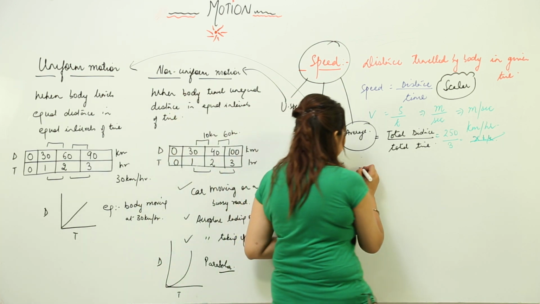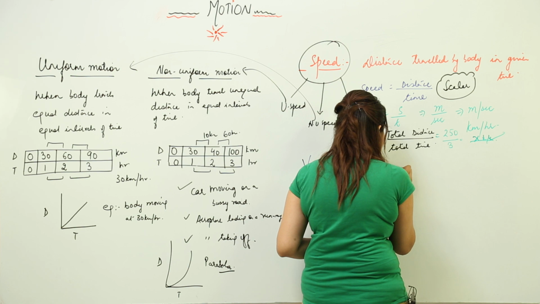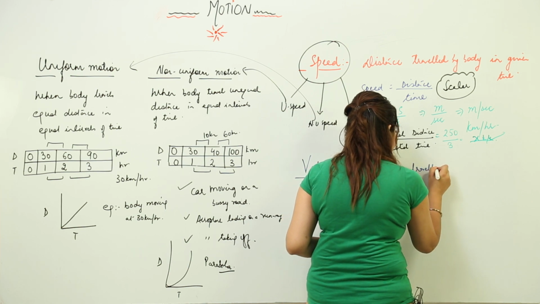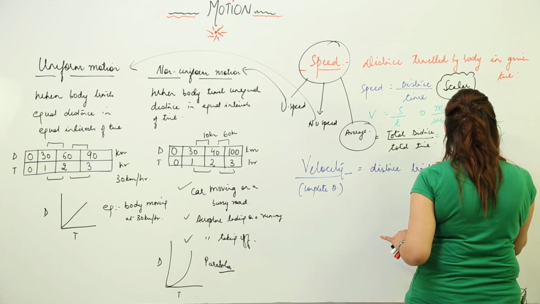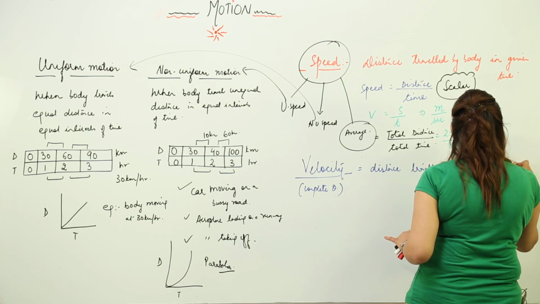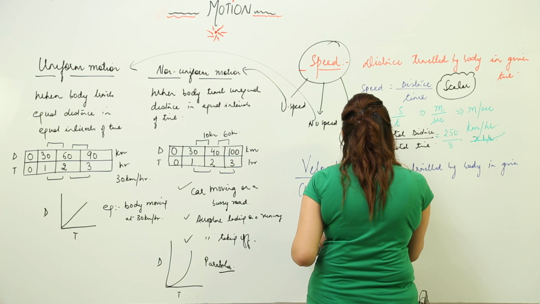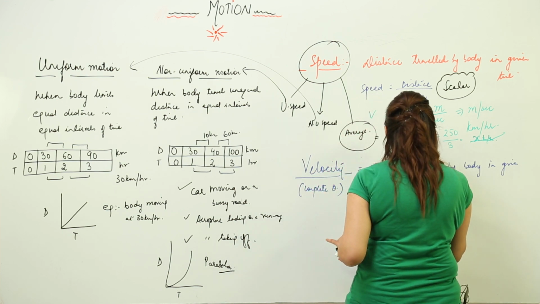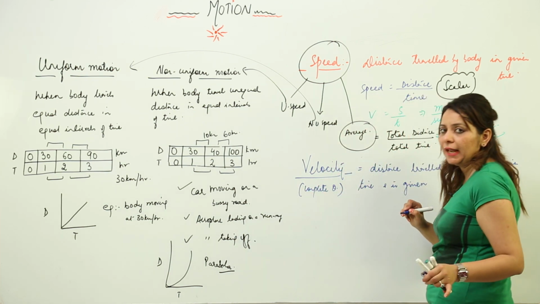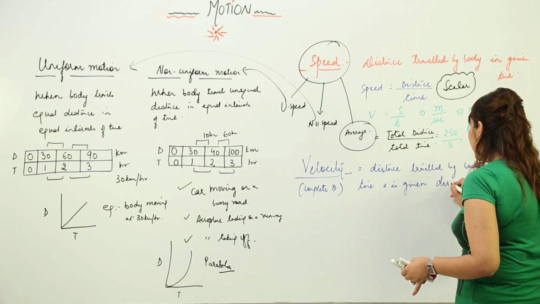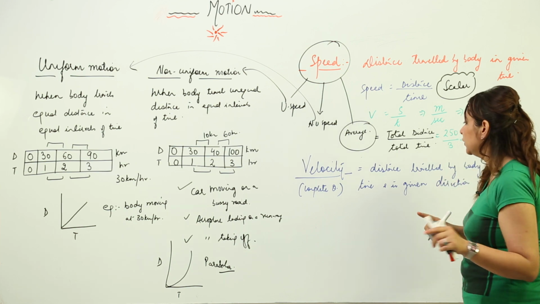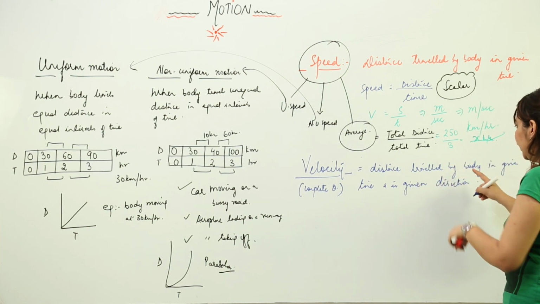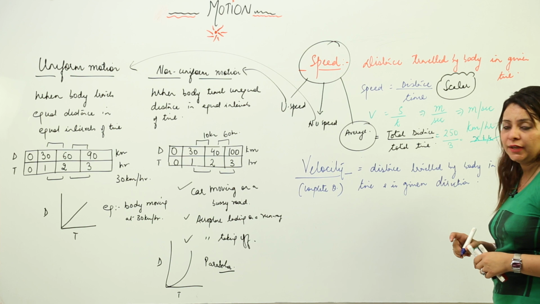So what is velocity? It is the distance travelled by a body, same as speed, in a given time, and in a specified direction, in a straight line or a particular direction, whatever term you can use. It means only one direction. So velocity is distance travelled by a body in given time but in a given direction.